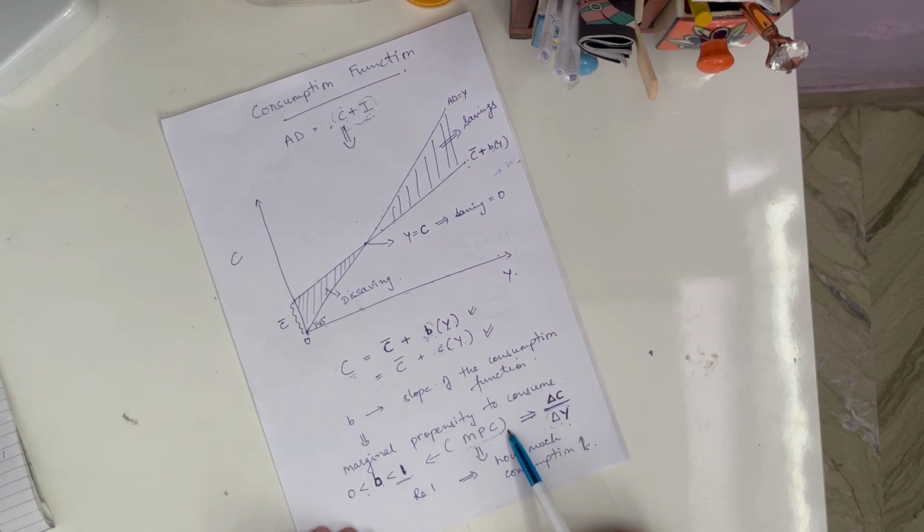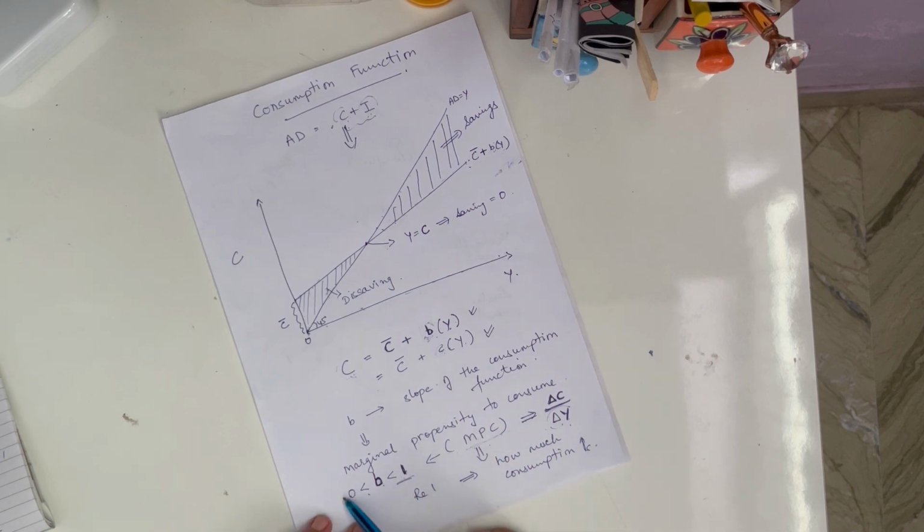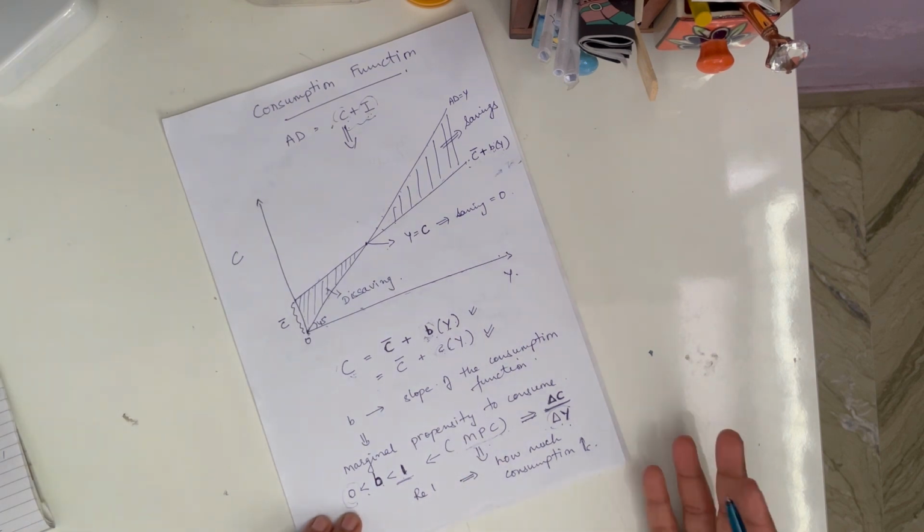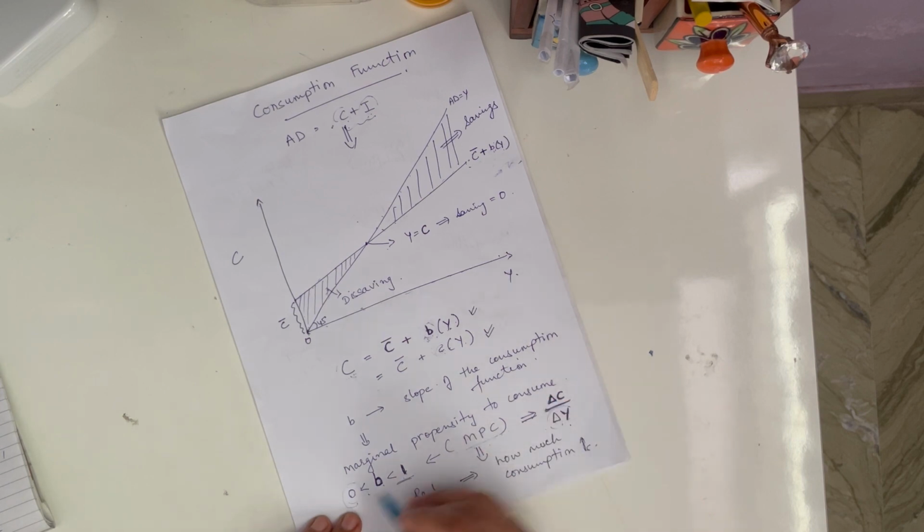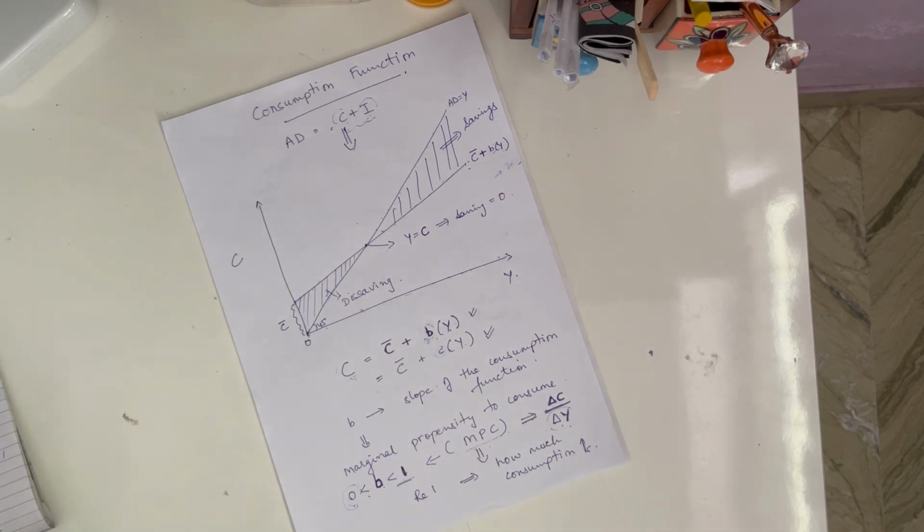Now this MPC lies between 0 and 1. It cannot be 0, that's a very hypothetical situation, which would mean that if my income increases by 1 rupee, I am not consuming anything, I am saving the entire thing.